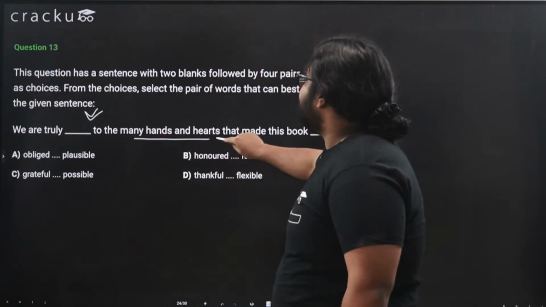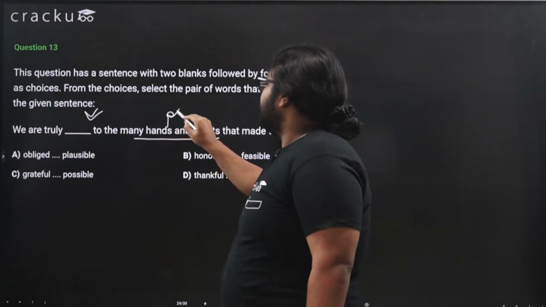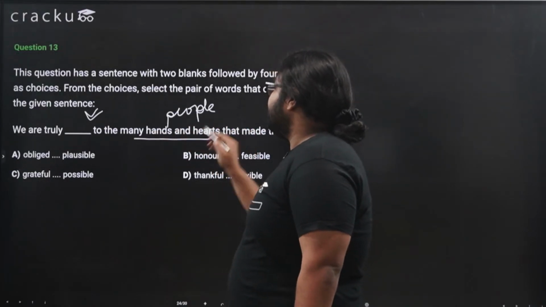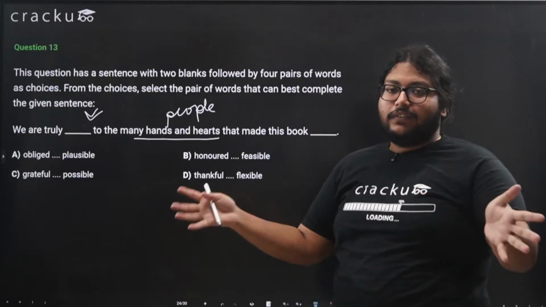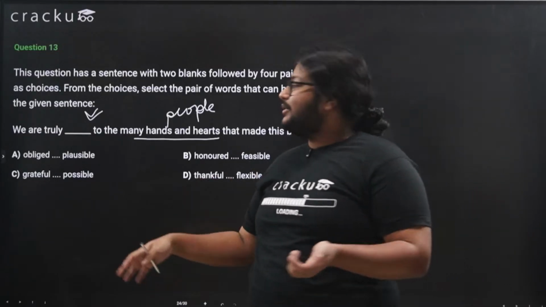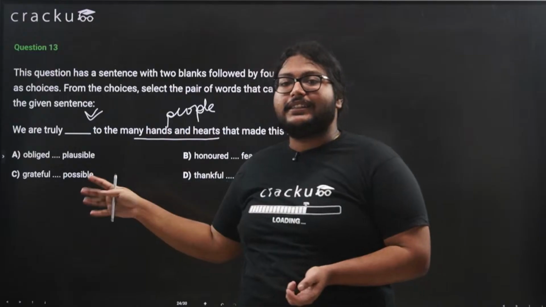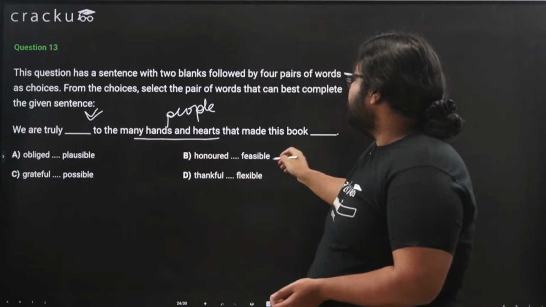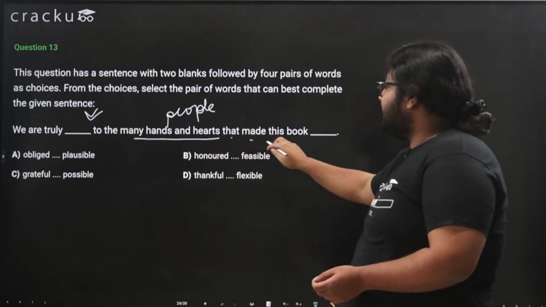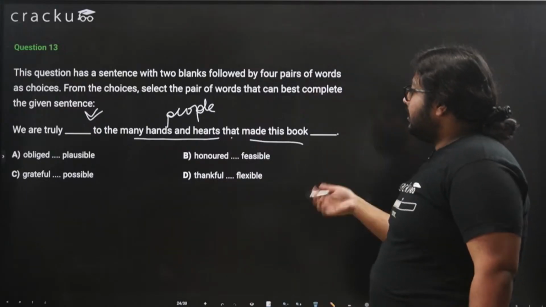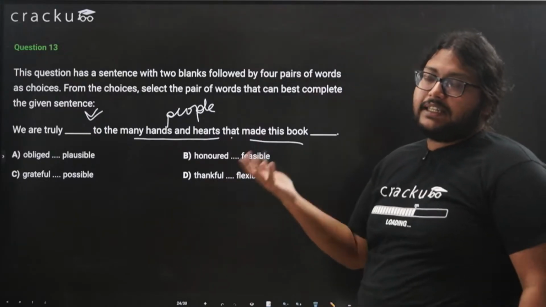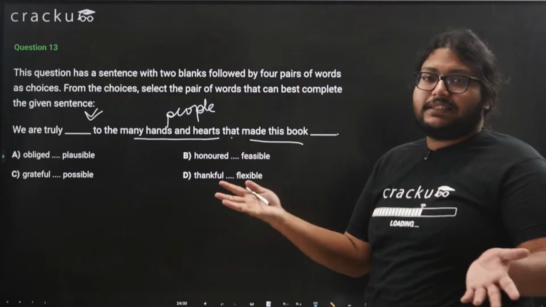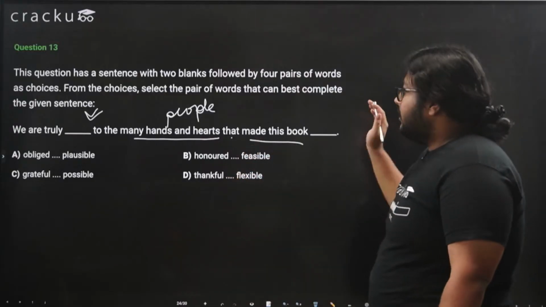Hands and hearts essentially means the many people, it doesn't mean literal hands and hearts. Within hand and heart comes a person. So to many hands and hearts means to the many people who made this book come into being, possible to exist, something like that.